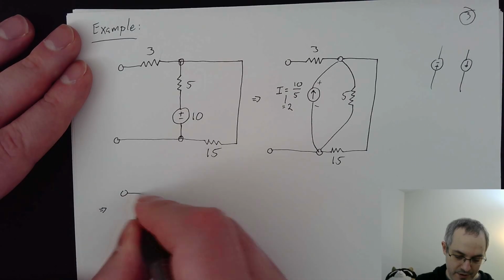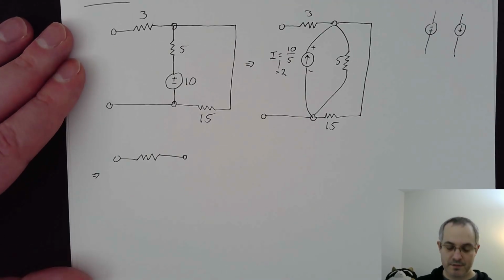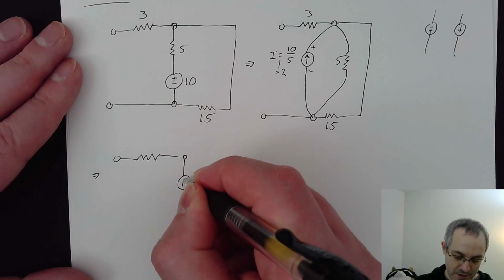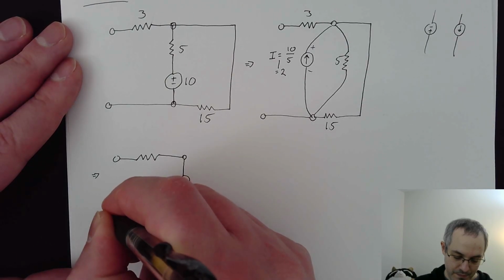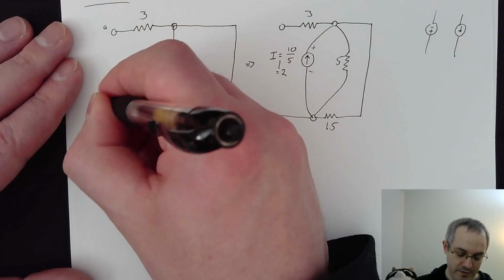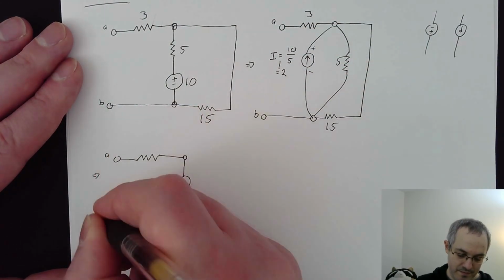So copy this circuit down real quick. Keep putting that little extra circle there just for our reference. I'll square this up. That's my current source. That was a 2. We can go through here and label these terminal ends as well. There's a lot of little circles flying around.